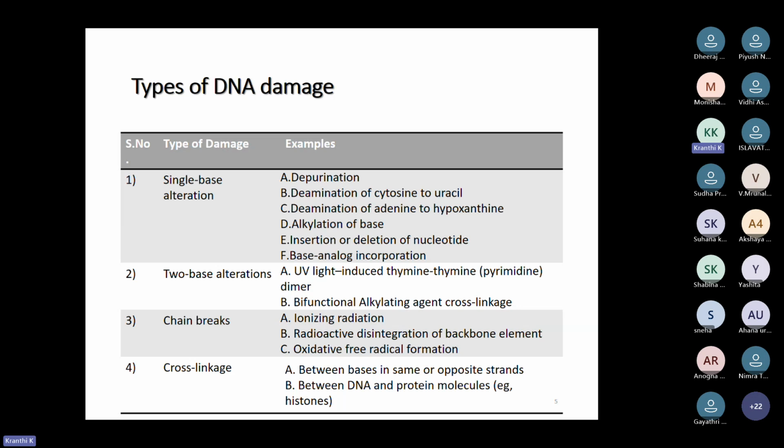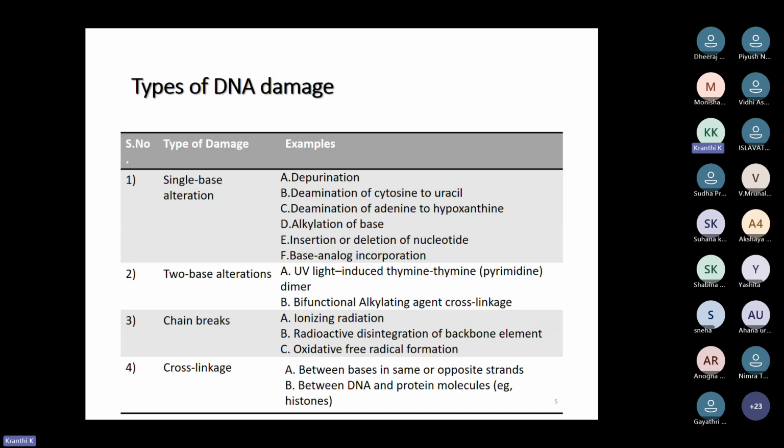It looks like a base. So that will get incorporated in the strand, but that is not the actual base. When it is the nitrogen base, then it will do the genetic coding, right? But if it is an analog of base, then it won't be considered as genetic information, right? Even that is also a problem, right?